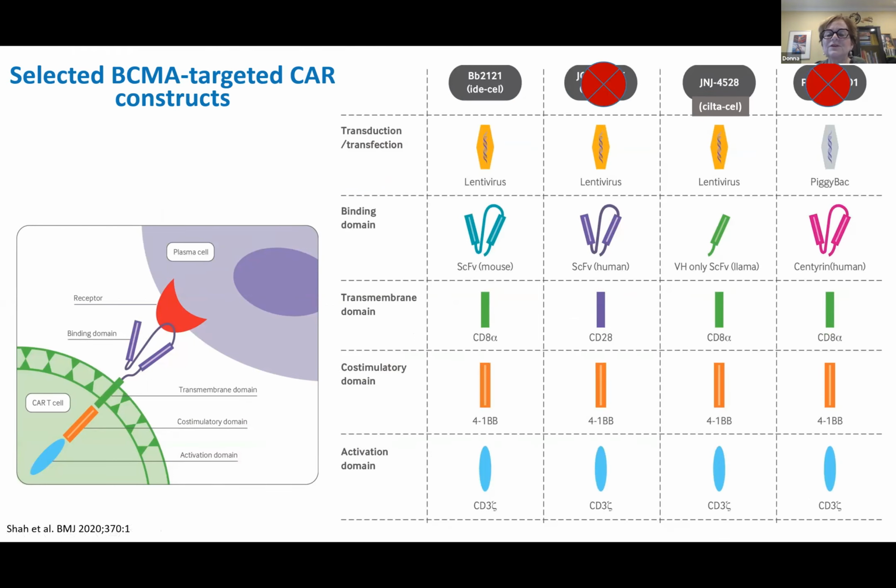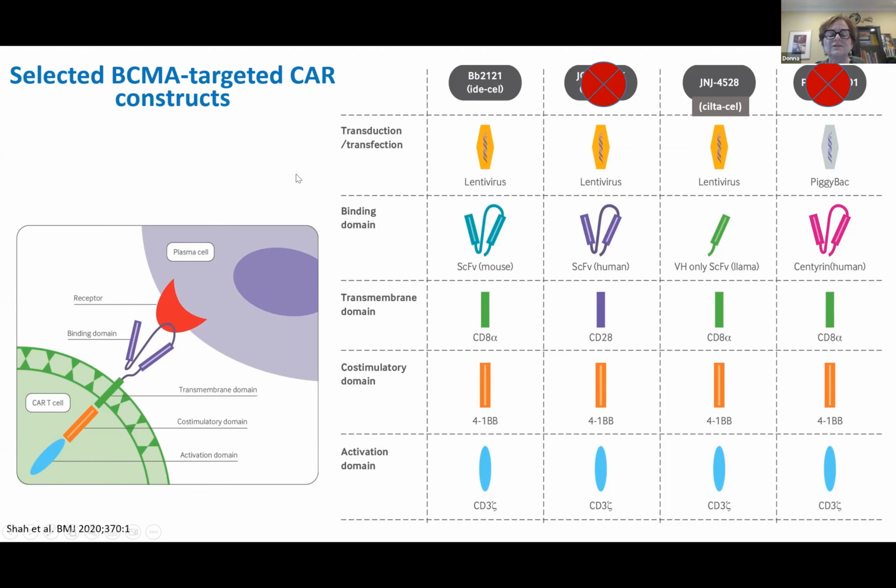And unfortunately, already 2 of these have dropped out of the race, even though there were abstracts at meetings that suggested they were effective. They're not being developed further, and I don't think we'll ever know quite why. But it does reflect the intense competition among pharma to develop these.